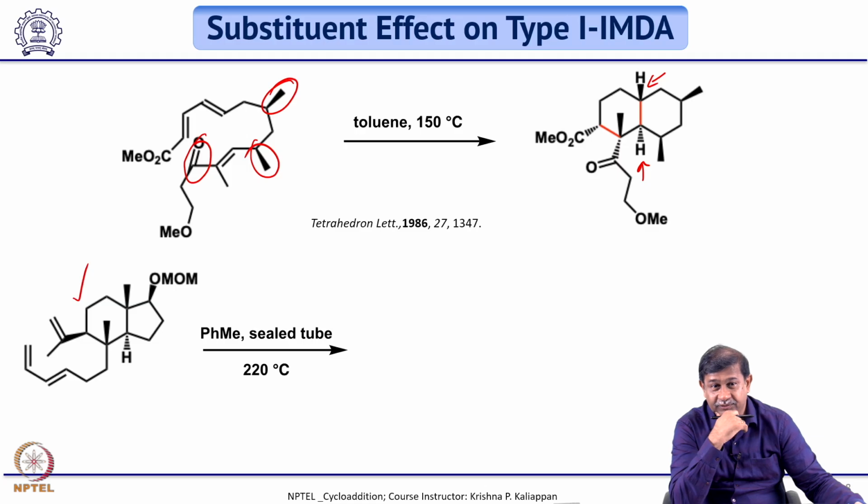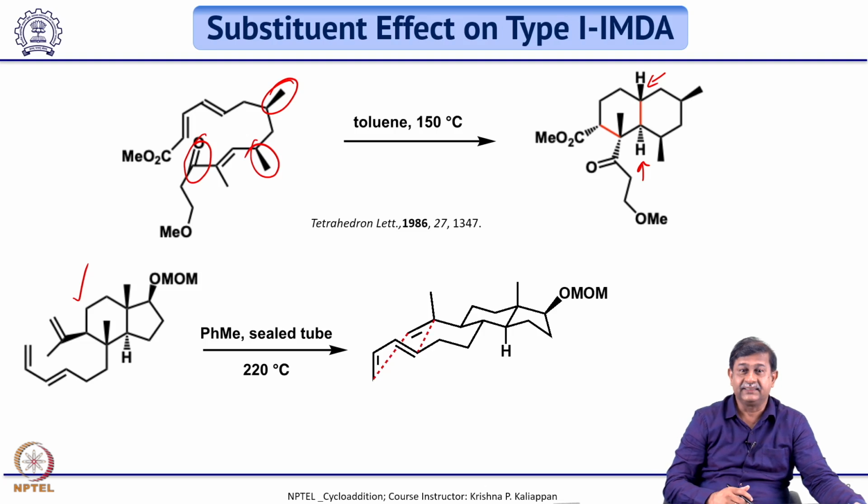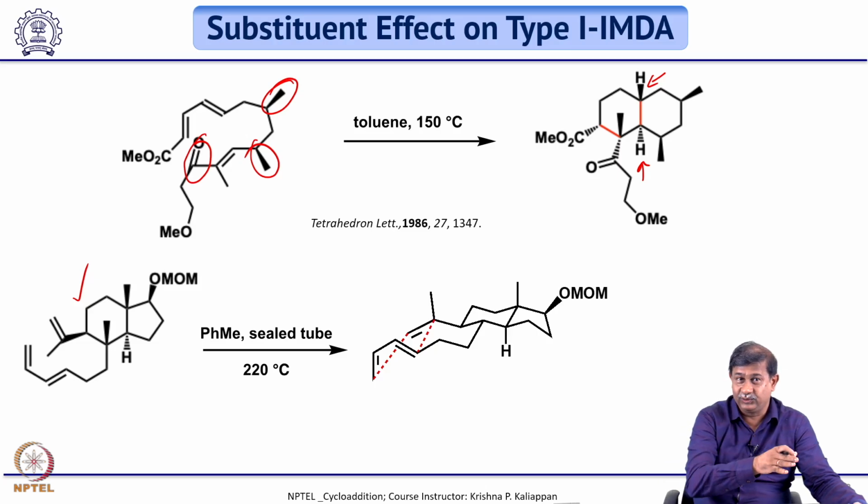Now if you heat it, you can draw a transition state like this. In this transition state, what you get is the exo product, because there is no electron withdrawing group. I already mentioned in the second slide, when you have an electron withdrawing group, then it goes endo.